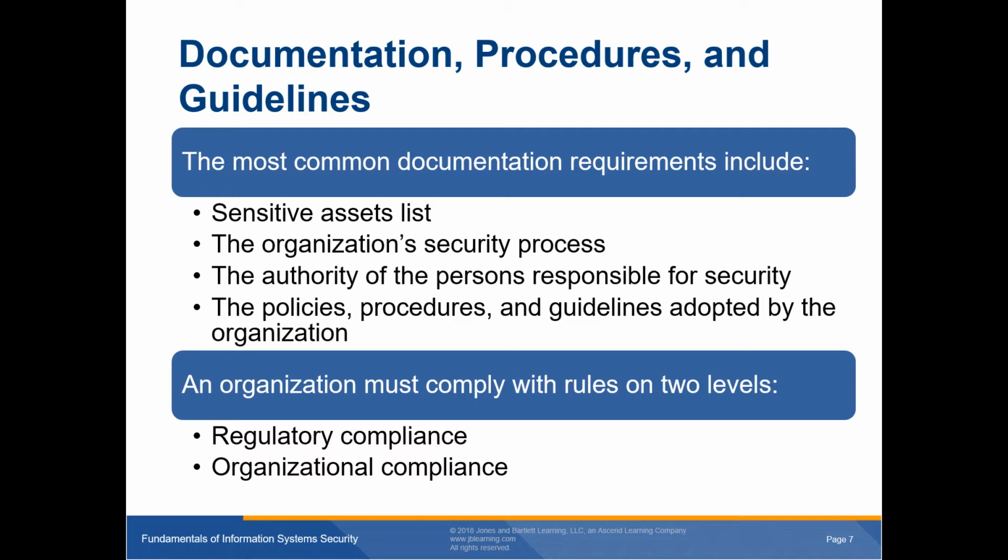An organization must comply with rules on two levels. Regulatory compliance, the organization must comply with laws and government regulations. And organizational compliance, the organization must comply with its own policies, audits, culture, and standards. One point I need to make, regulatory compliance does not always mean government regulation.